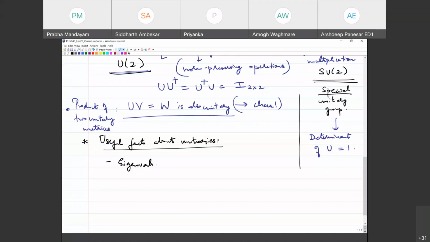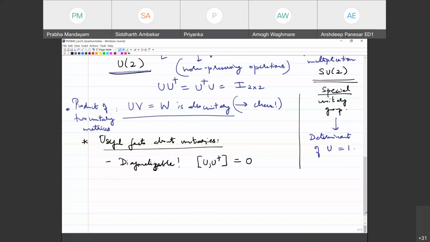First of all, are they diagonalizable matrices? Yes, ma'am. So although they are not Hermitian, U is not the same as U dagger, they are diagonalizable, right? Because U commutes with U dagger. The commutator of U with U dagger is 0. In fact, U dagger U is identity.